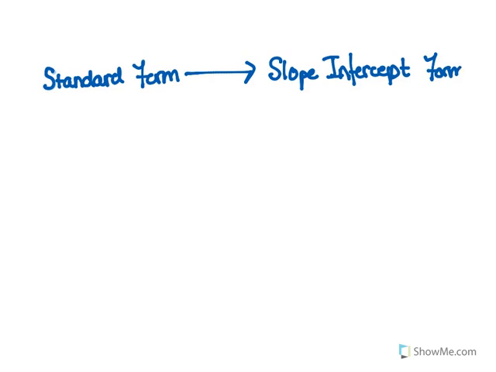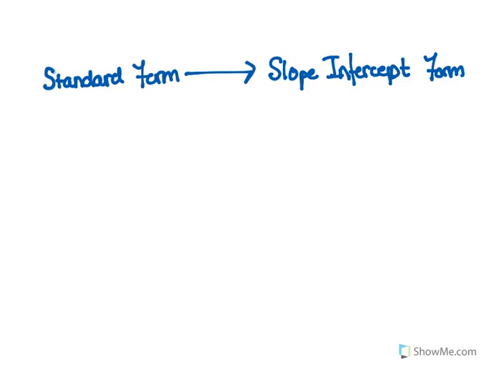Normally, we use slope-intercept form every time we're trying to graph our equations, and we use standard form when we're trying to find intercepts.